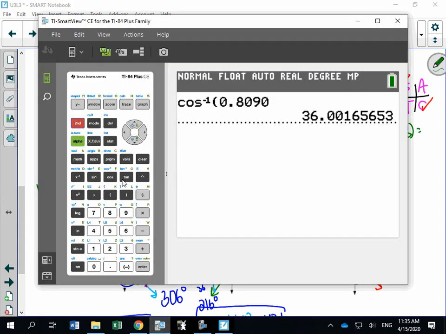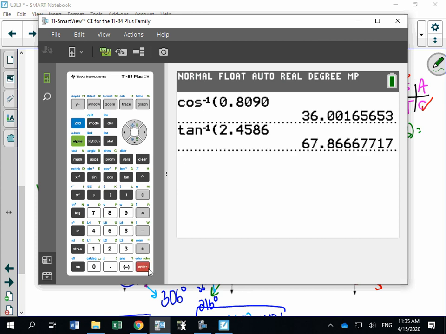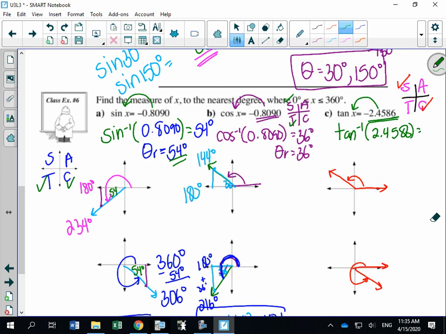Second function tan of 2.4586. This would round, if we were to do to the nearest degree, 68 degrees. And remember, what did I always say that is? That's your reference angle.